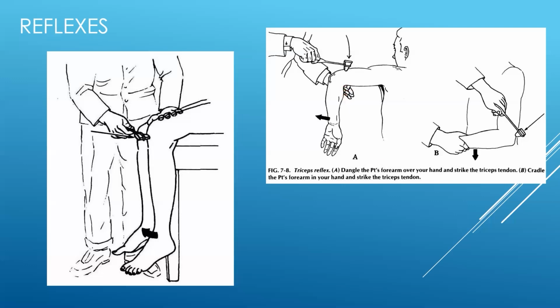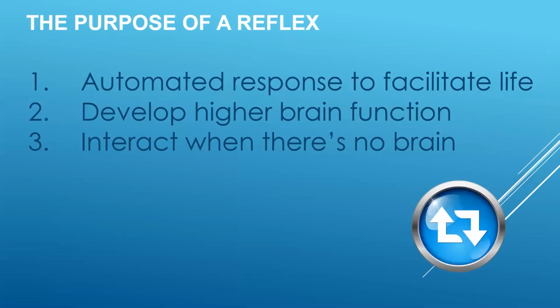And reflexes are important for a couple of different things. It ends up being an automated response that we have in our body, and it's there to help facilitate life. It's supposed to help you preserve it and do different things. They help to push higher brain functions.